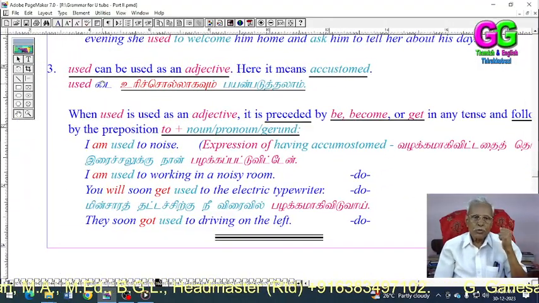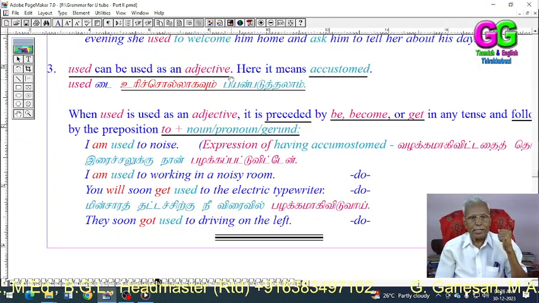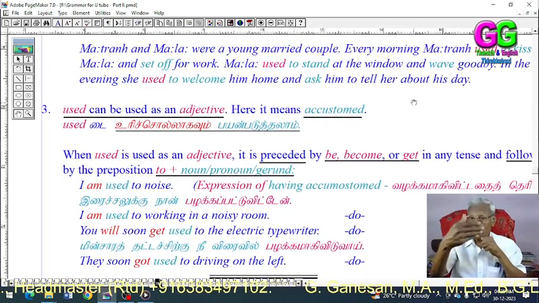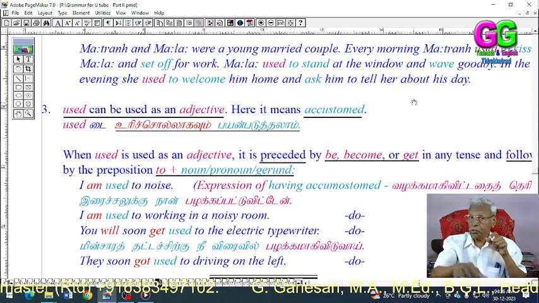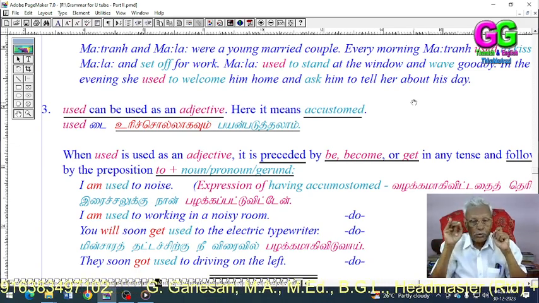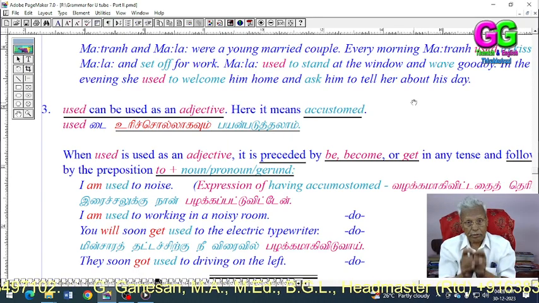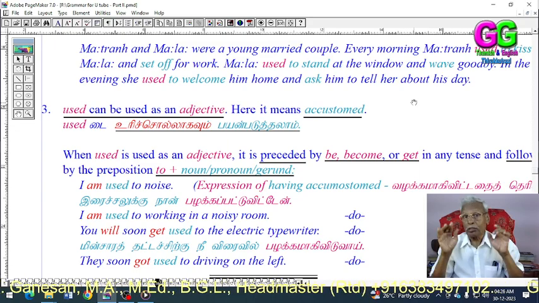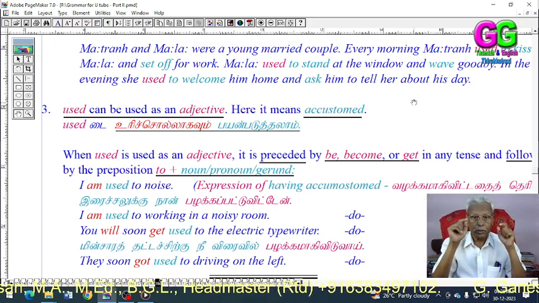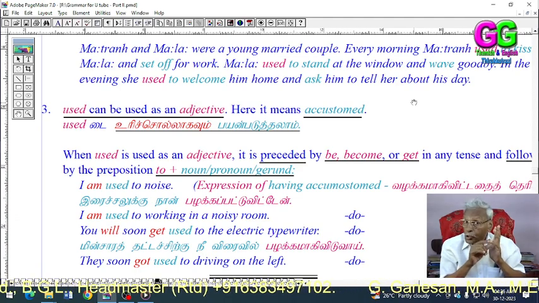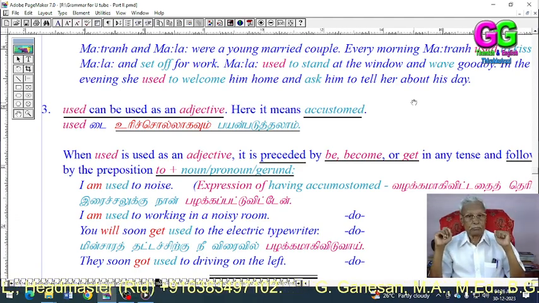Third use: used can be used as an adjective. In all the above examples, used functions as a finite verb. We should not forget, dear students, that used is used only as a finite verb so far.